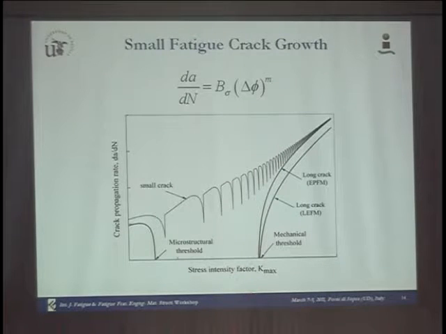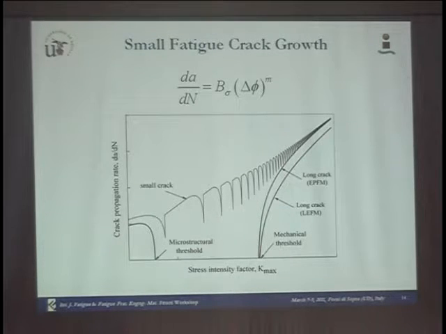We can also, just assuming that the number of grains within the plastic zone is huge, obtain the long crack curve, for instance, the elastic plastic fracture mechanics curve for long cracks, and the linear elastic fracture mechanics curve.